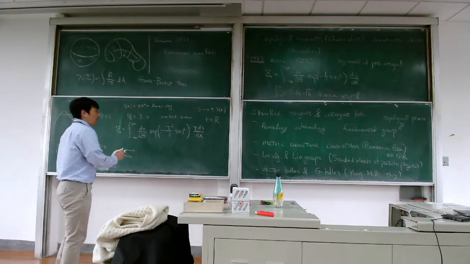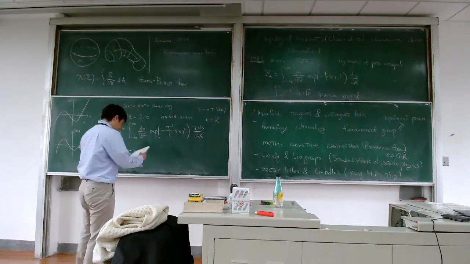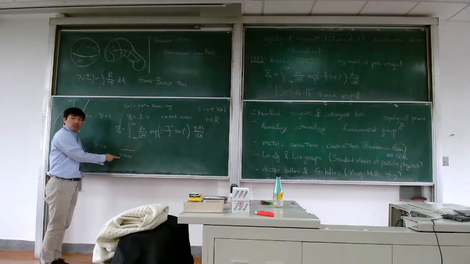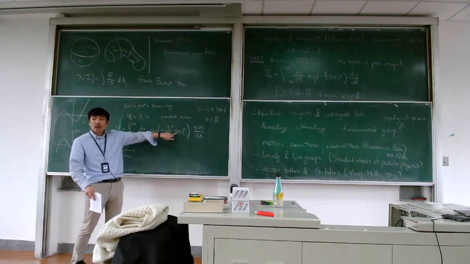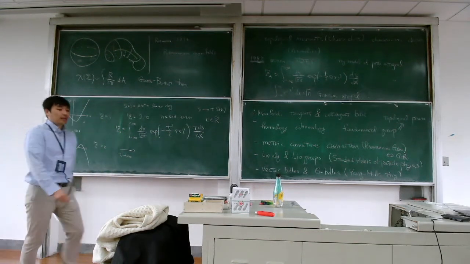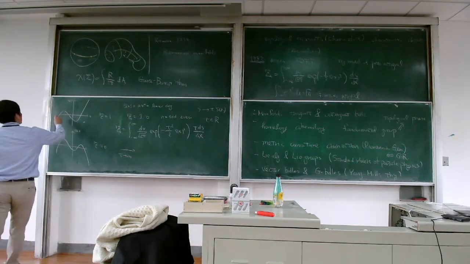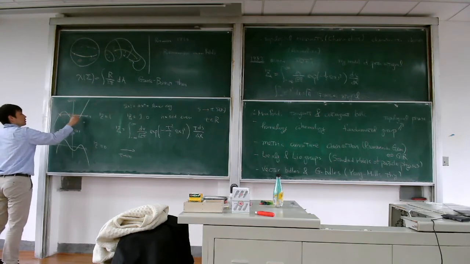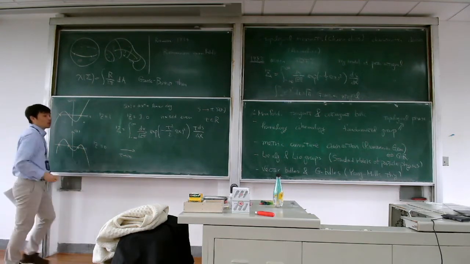However, there is also a quantity ds over dx. Therefore, once you take the t goes to infinity limit, everything localizes at the points where s of x is 0. This point, this point, this point.